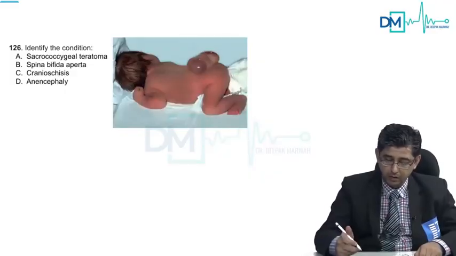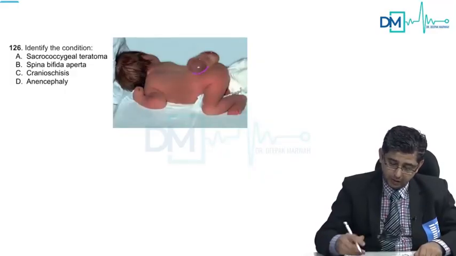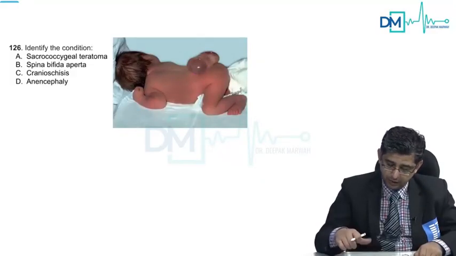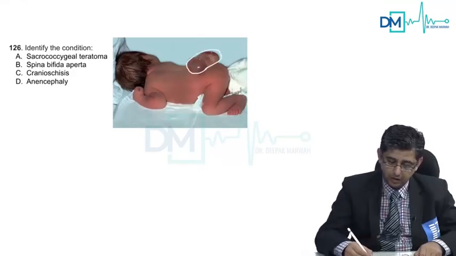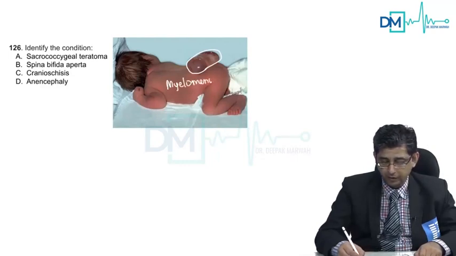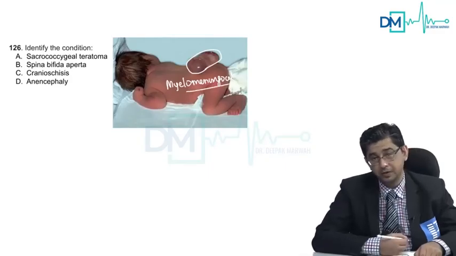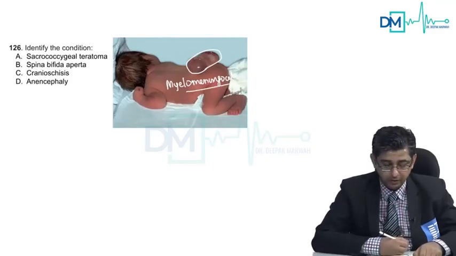Identify the condition. They give an image like this. You can notice a big cystic sac present here. This big cystic sac is diagnostic of myelomeningocele, which is a neural tube defect and is causing flaccid paralysis of the legs of the patient, and can be associated with Arnold-Chiari malformation.